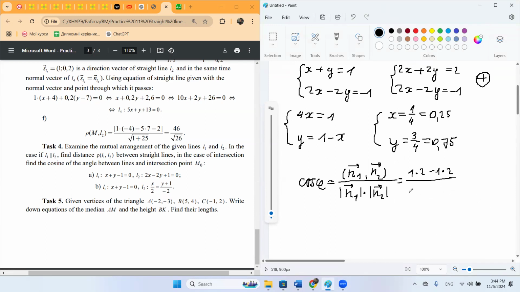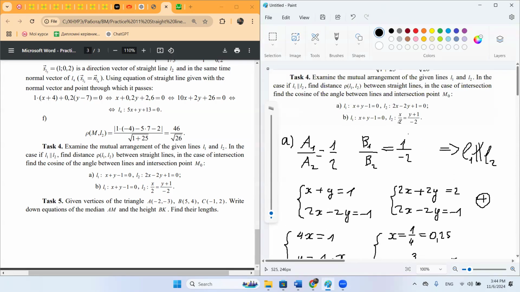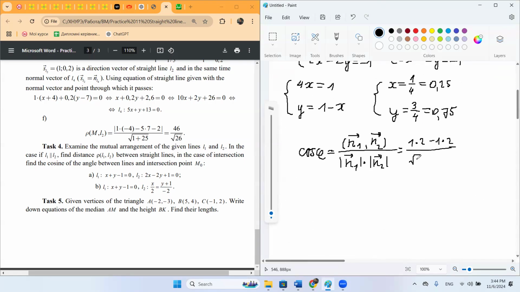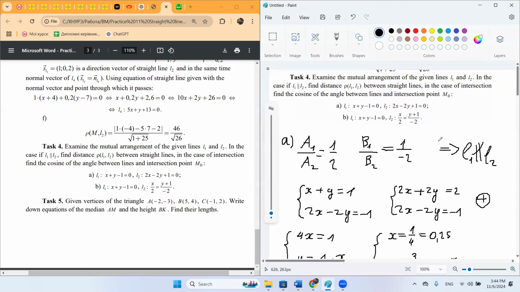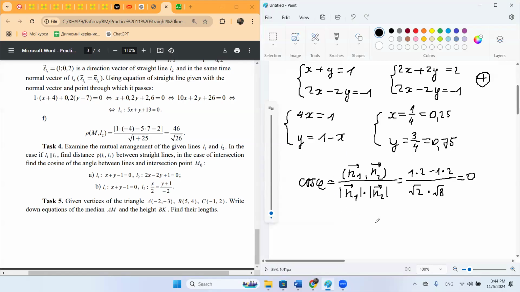Yeah, and basically what we will have is square root of 2 by square root of 8, but we see that it is 0. So these lines are perpendicular, as the cosine of the angle is 0.